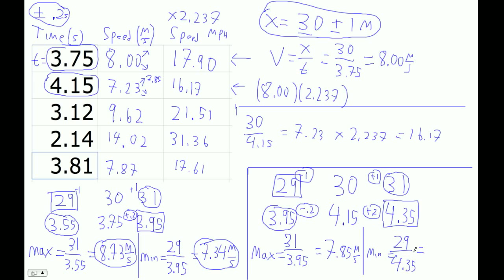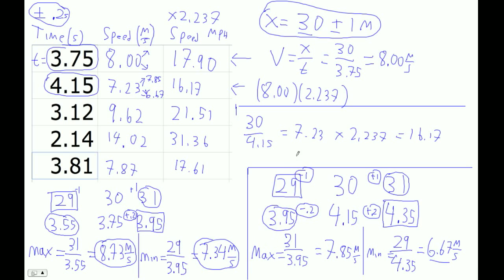My gosh. 6.6, I'd say 6.7. Meters per second. So this is our maximum, as big as that could be. This one also could be as small as 6.67 meters per second.